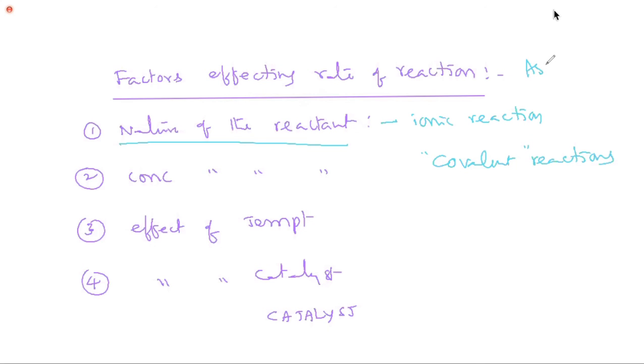What are ionic reactions? Precipitate. AgNO3 plus NaCl gives rise to AgCl, fast precipitate, NaNO3.